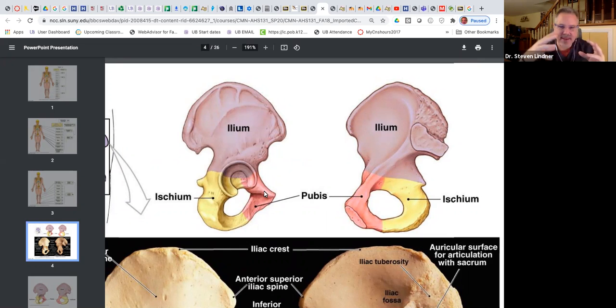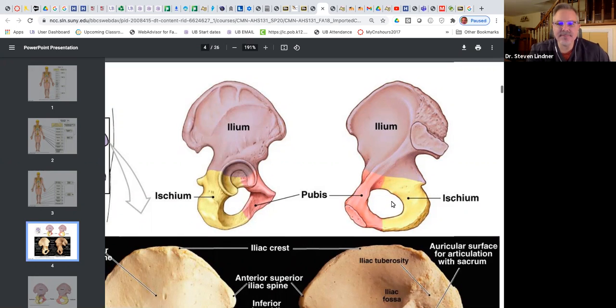And what I mean by that is when I say they ankylose, they fuse. And when they fuse, they form two things. They form this dish right here, this deep vinegar bowl, they call it, which is the acetabulum or the acetabular fossa. And it forms this large hole, the largest foramen in the body, called the obturator foramen.